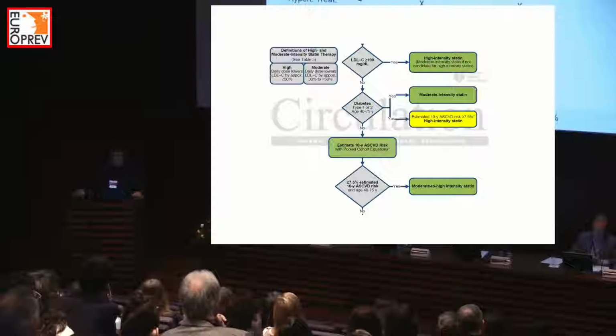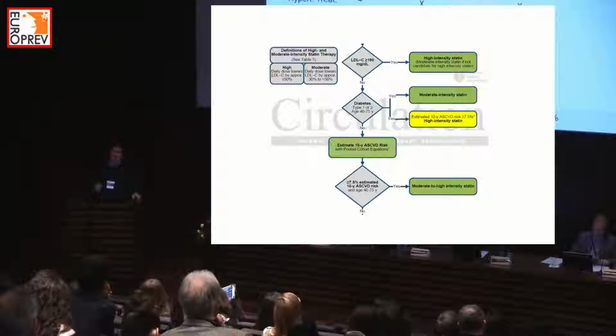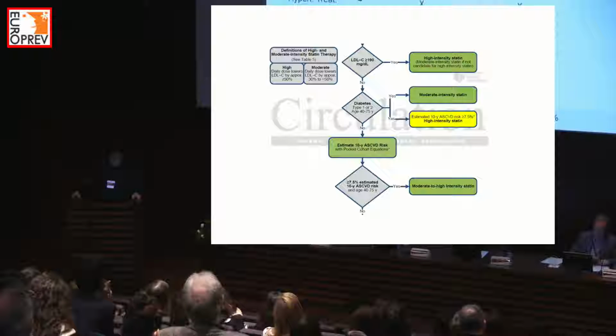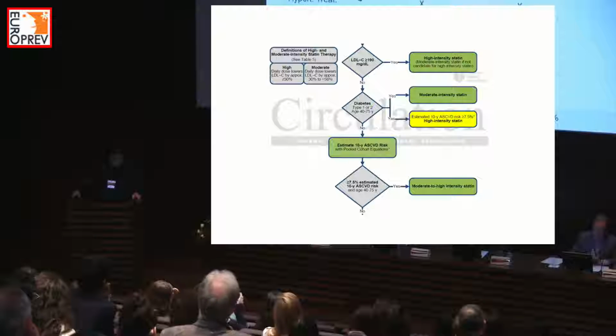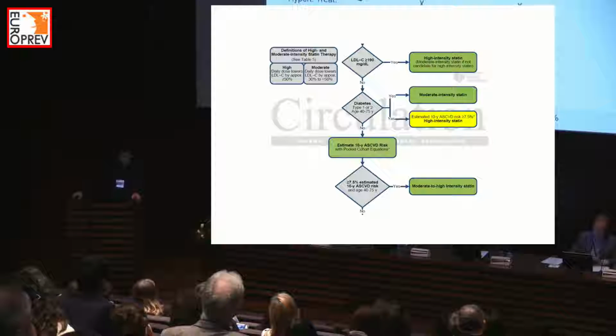So we have the three tools here, very popular tools in practice, and they have, as you can see, differences. I'm not going to go into detail because there are many details in the different tables. But as you can see, at the bottom, the threshold for the SCORE is 5% or greater in the next 10 years.